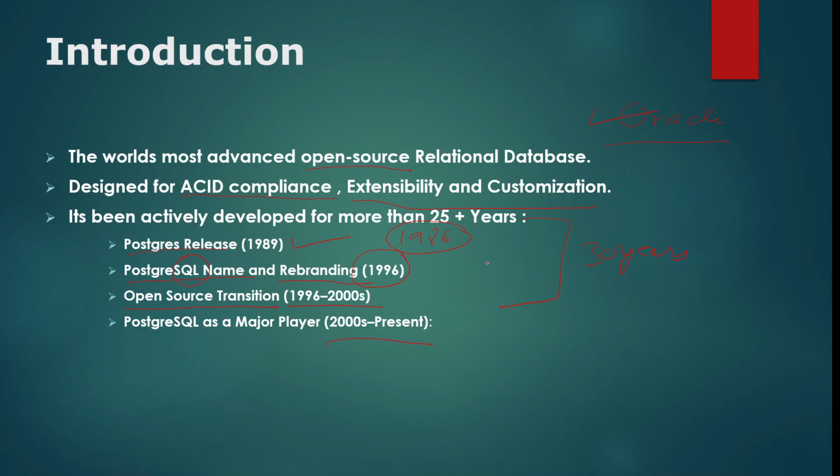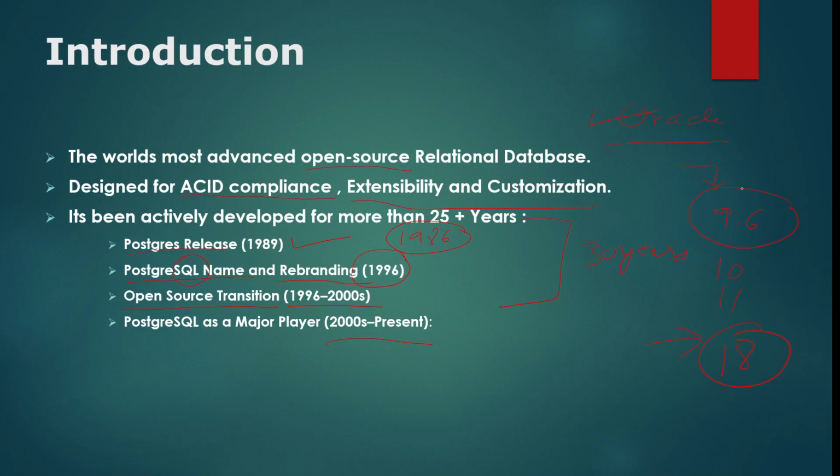Till 9.6 the progress was slow. They provided fewer contributions to this. From 9.6 onwards it went to 10, 11, and now the latest version is 18. So you can imagine, from 2000 to now it has had many different versions.